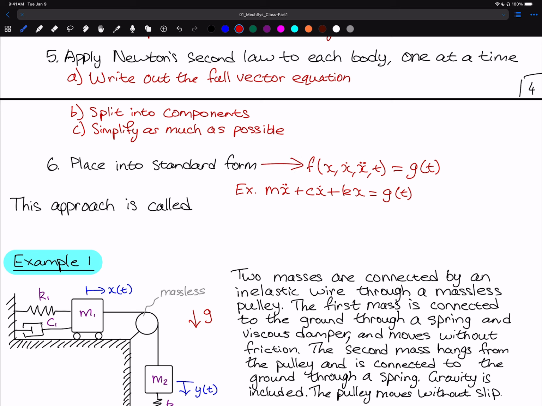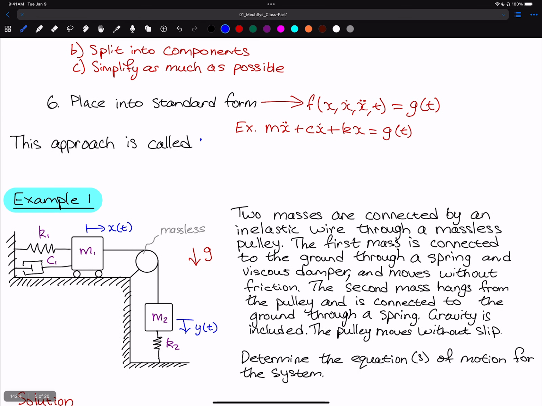Okay, so this approach is what we'll call vectorial mechanics, because we're using vectors to express the relationship between acceleration, mass, and forces. This technique has some benefits in that it's generally a straightforward approach.